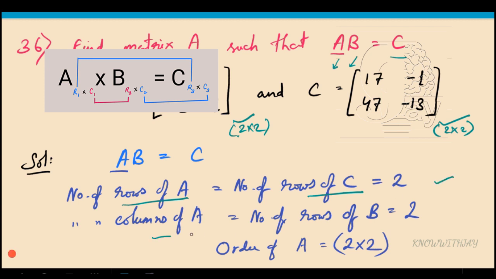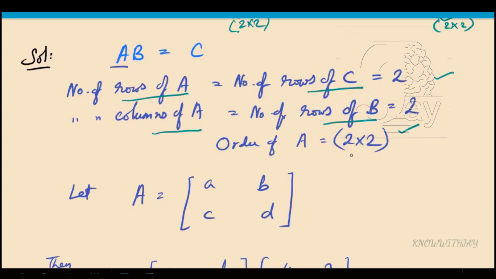And the number of columns of A should match the number of rows of B, only then can they be multiplied. So the order of A is 2 by 2. Since the order of A is 2 by 2, we have 4 elements. So let the matrix A be with 4 elements a, b, c, d, and the order is 2 by 2.